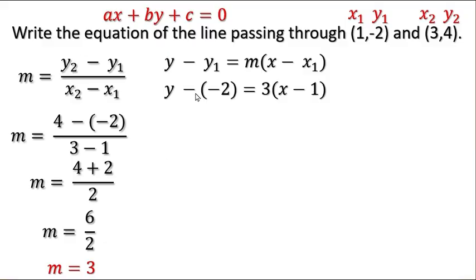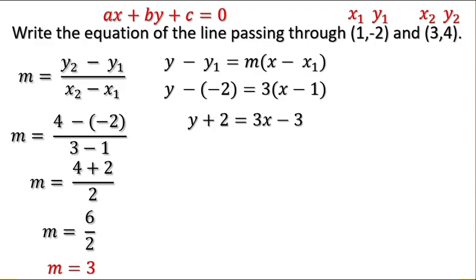Double negatives in the equation will become positive. Then 3 here must be distributed to our binomial x minus 1. So we have y plus 2 equals 3 times x is 3x, 3 times negative 1 equals negative 3.